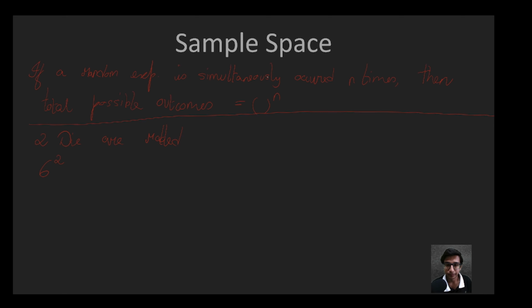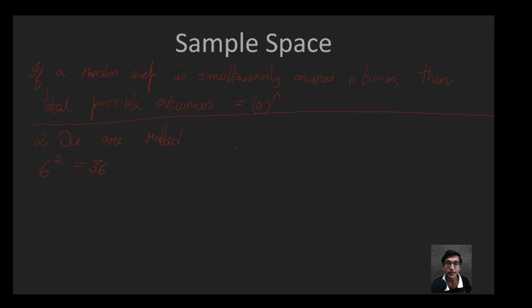This would be the total number of outcomes that can occur firstly, so this is outcomes to the power n. For 2 dice getting rolled, of course there can be 6 possibilities. Any one of these 6 can occur for the first die and any one can occur for the second die as well. So it becomes 6 squared, that is 36.